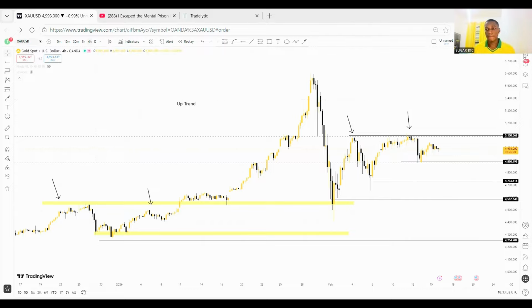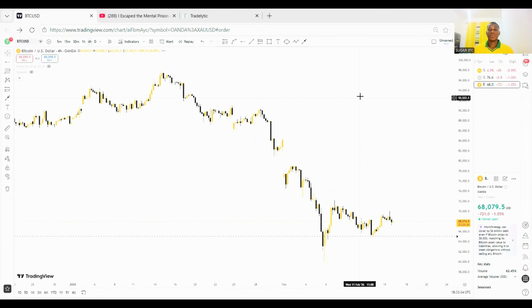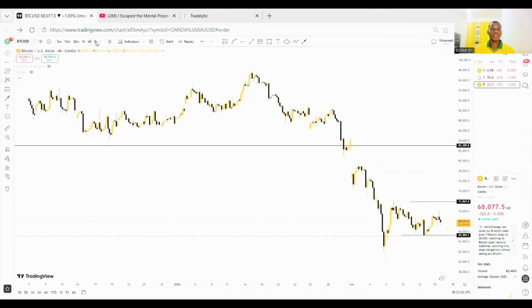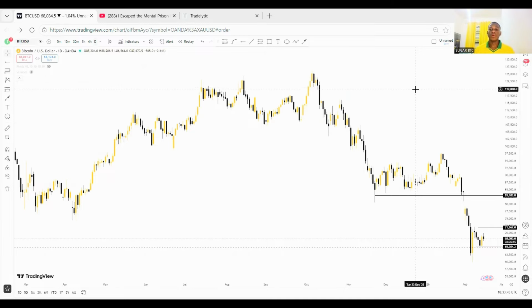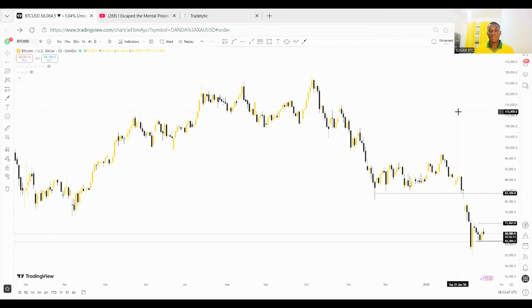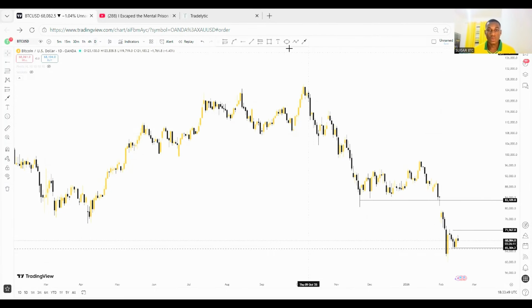Let's go to BTC. The complete opposite. BTC is what? Complete opposite of gold. BTC is super bearish, right? What's a downtrend?